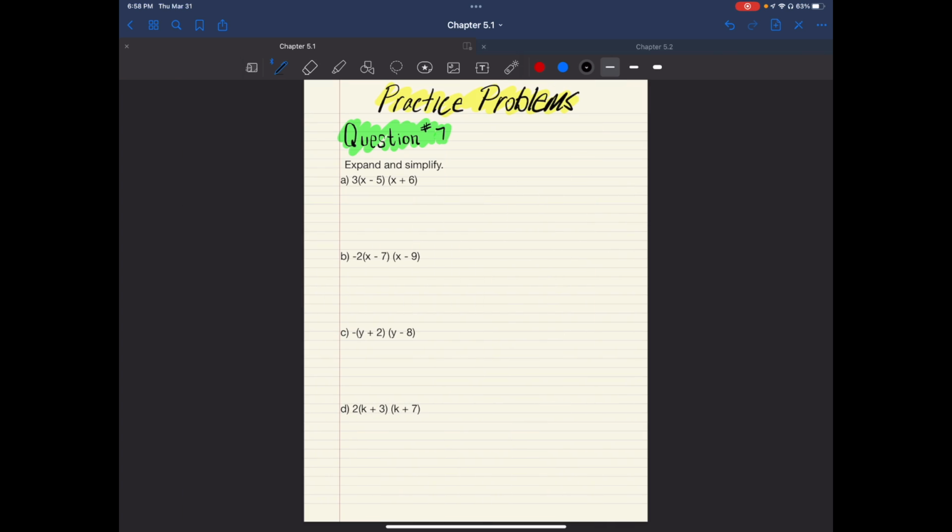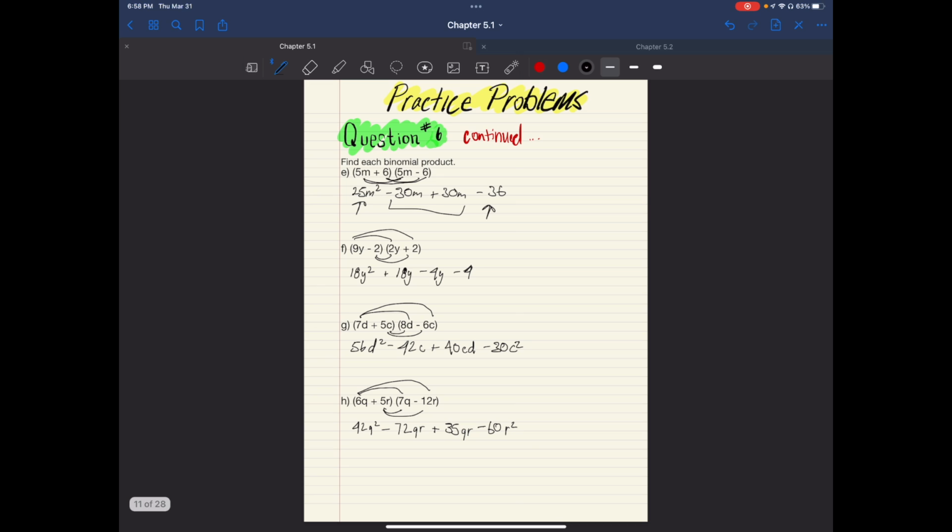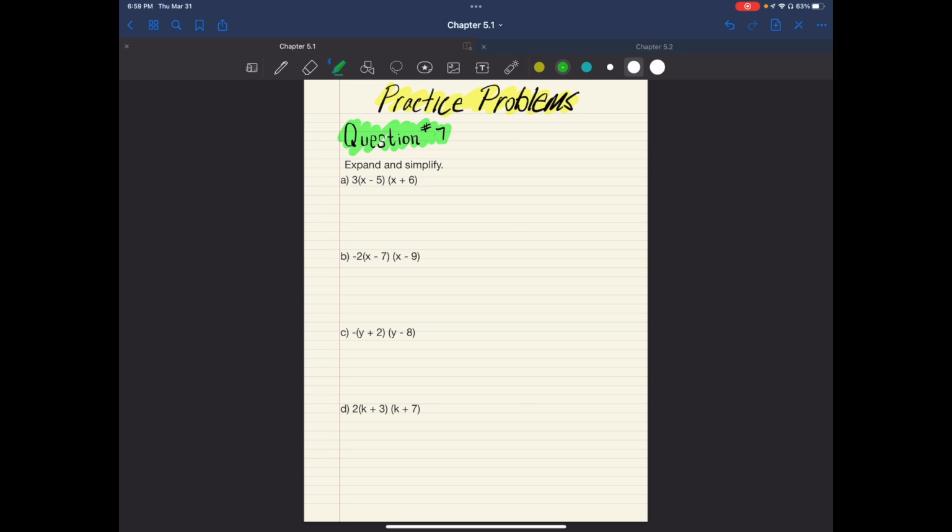Question 7. Okay, expand and simplify. So maybe we should have saved all that extra work for now. But when we're left with something like this that has a term in a bracket and a term outside the brackets, we're going to focus on the brackets first and then multiply everything by this 3.